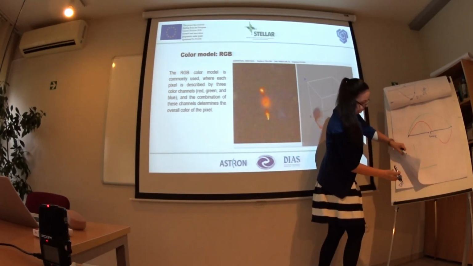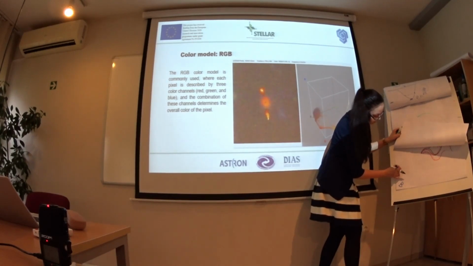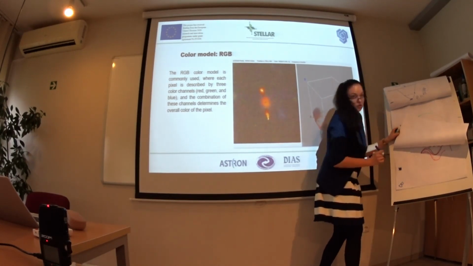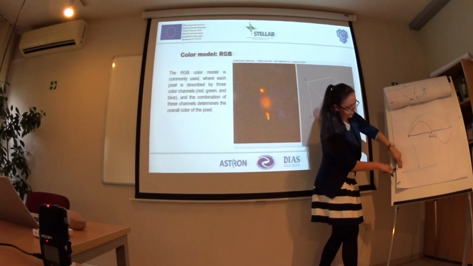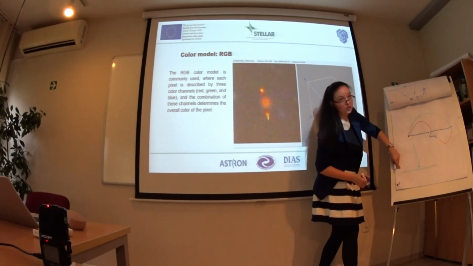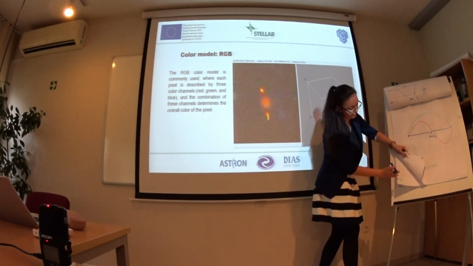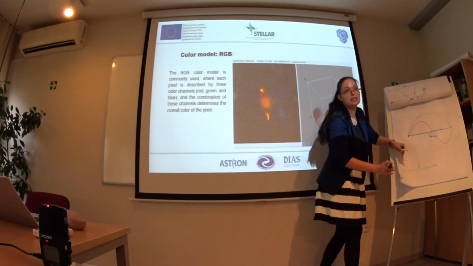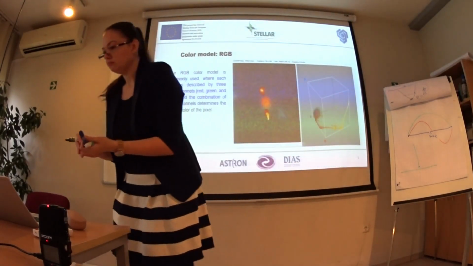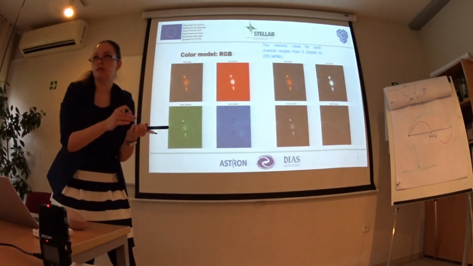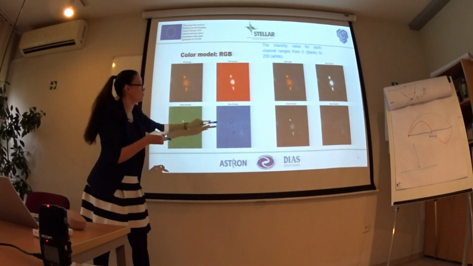So to have, for example, this color here, we will have the information about the blue for this particular pixel, we will take the information in the red and the information for the same position in the green. So it's the sum of the three of them. This is our image, and those are the three channels.